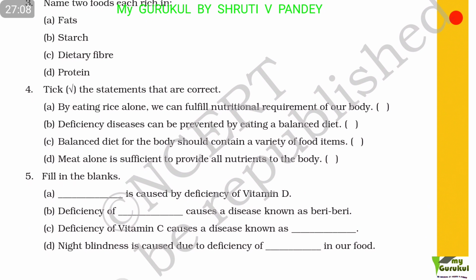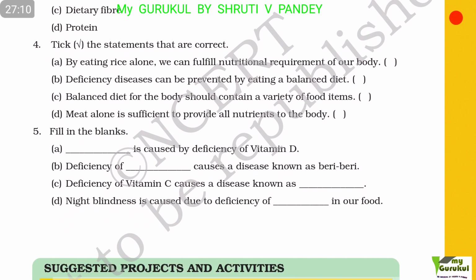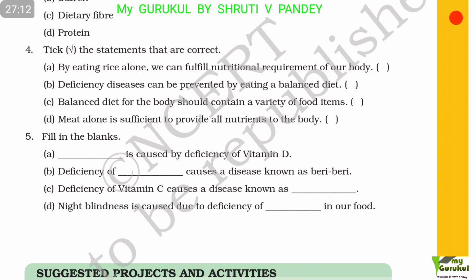Now pick the statements that are correct. By eating rice alone, we can fulfill the nutritional requirement of our body. This is false. Deficiency diseases can be prevented by eating a balanced diet.